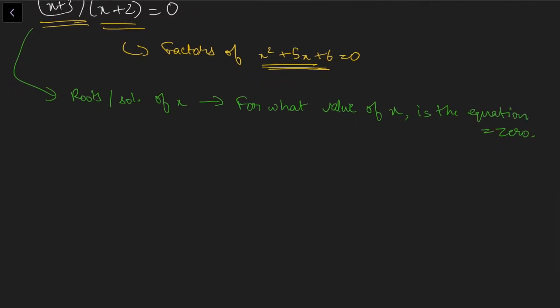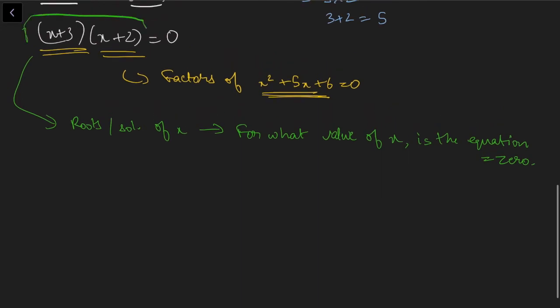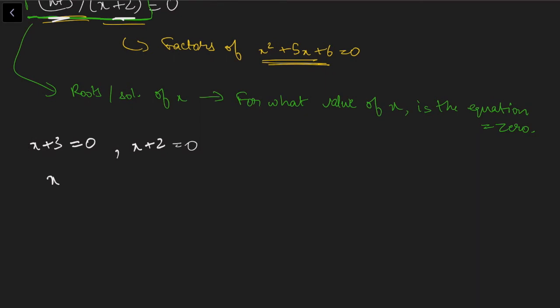So over here in this example, these two are the factors, and we can further say that x plus 3 can be equal to 0 or x plus 2 can be equal to 0. Either one of them has to be equal to 0. So we can then say that x is equal to minus 3 or x is equal to minus 2.